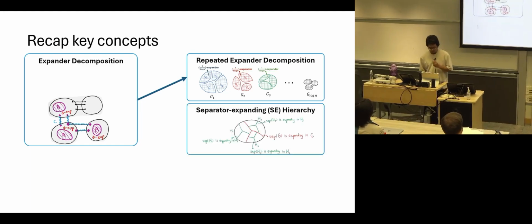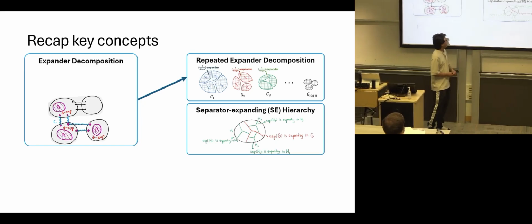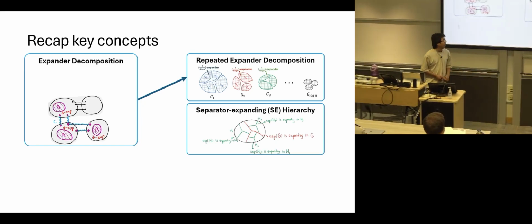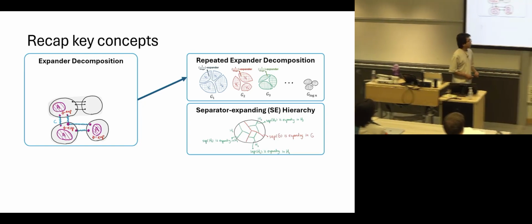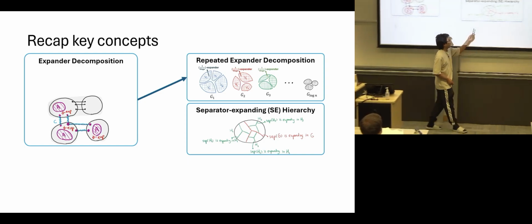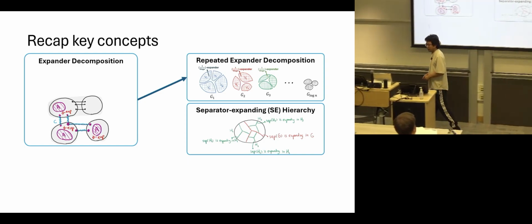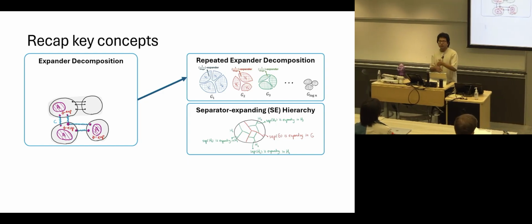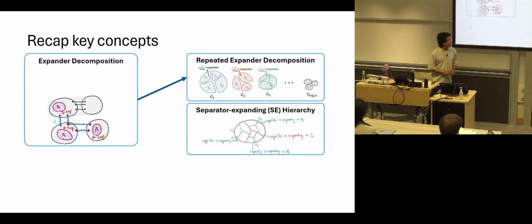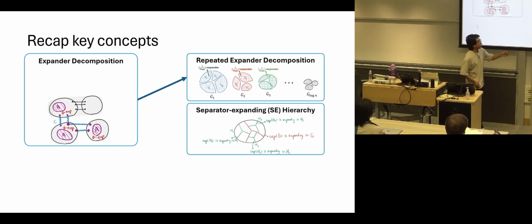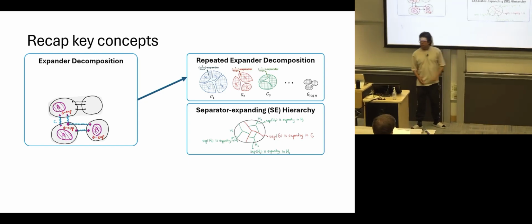The next object is the separator expanding hierarchy, SE hierarchy. It's a hierarchy such that for each cluster, the separator is expanding. And we saw how to construct this thing. Anyone recall what's the key object we used to build this?